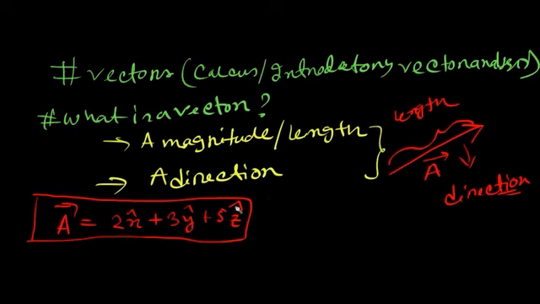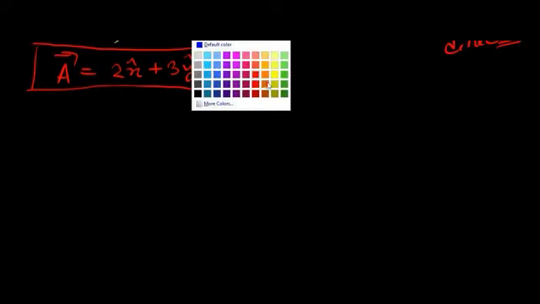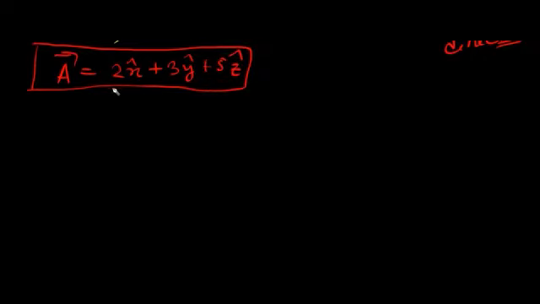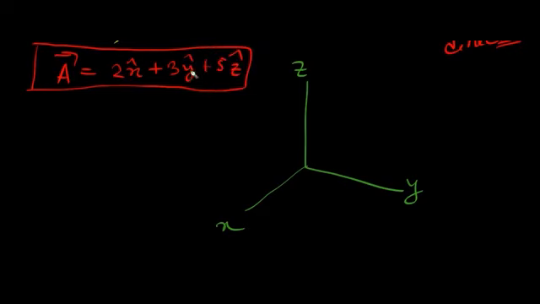This vector actually represents a point in a three-dimensional space. How? If you draw the coordinate axes, x, y and z, then this vector tells you that there is an arrow from the origin, and to find that arrow, first you go positive 2 units on the x-axis.